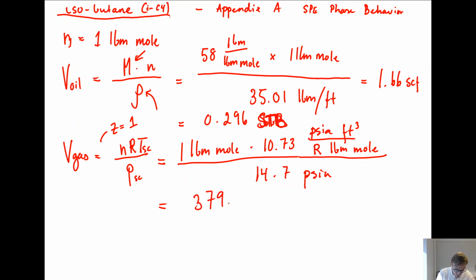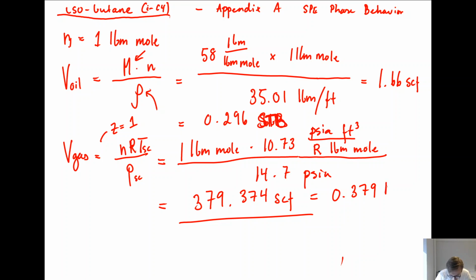And we get this number, which is 379.375, that I guess a lot of you that have worked with this a lot would find very, very recognizable. And we can convert this into a unit that makes sense from a price point of view, and we can see that this is around 0.4, about 0.379 MCF. Okay. And then we need to assume a couple of prices.